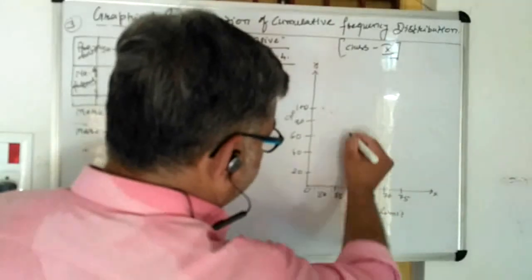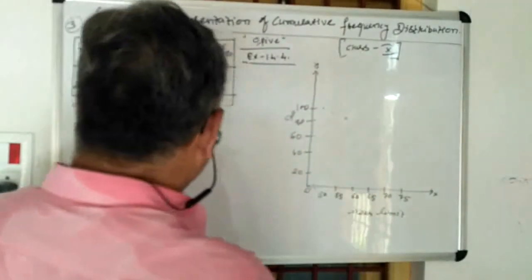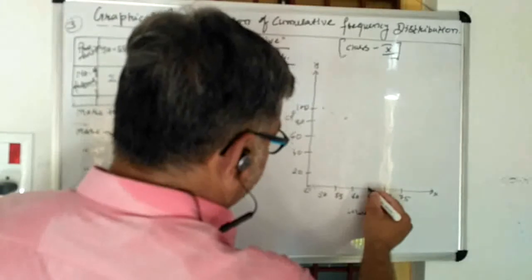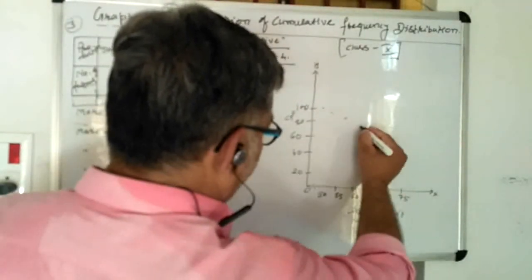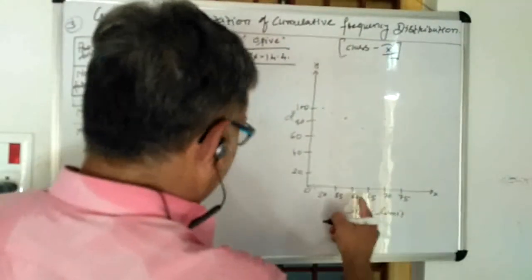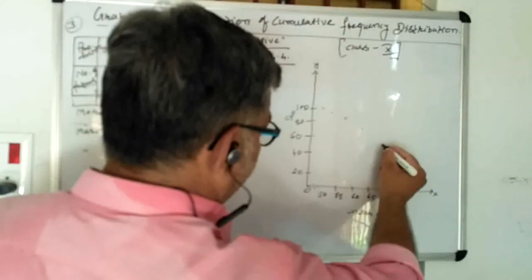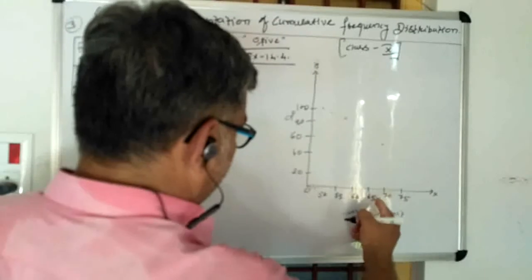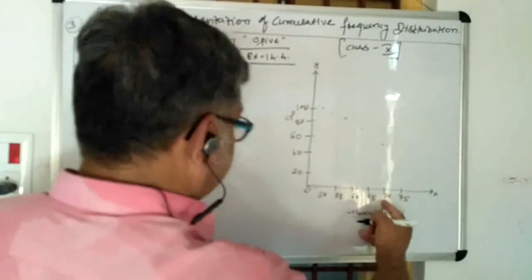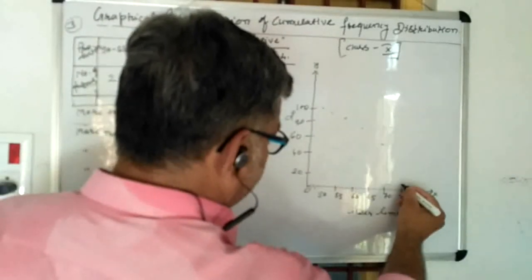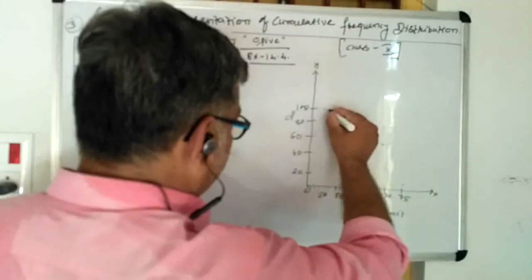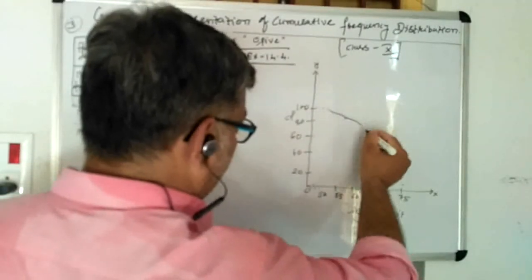Thereafter 78. 78 will be like this and 54. So 54 will be like this and last, 75 is 16. So 16 will be this.